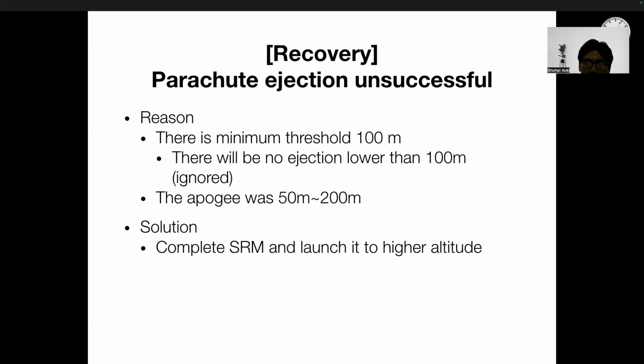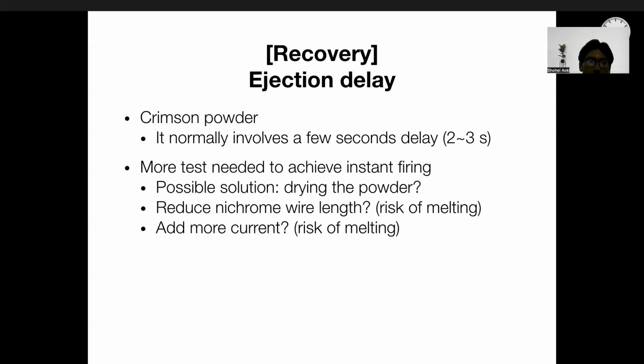There was such a threshold, but our apogee didn't reach it. So we are not able to confirm the successful parachute ejection. So in the next test, we are going to test the ejection delay.